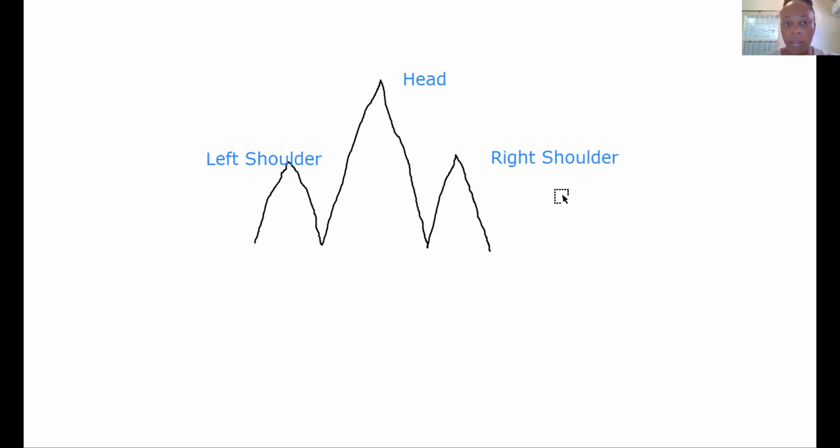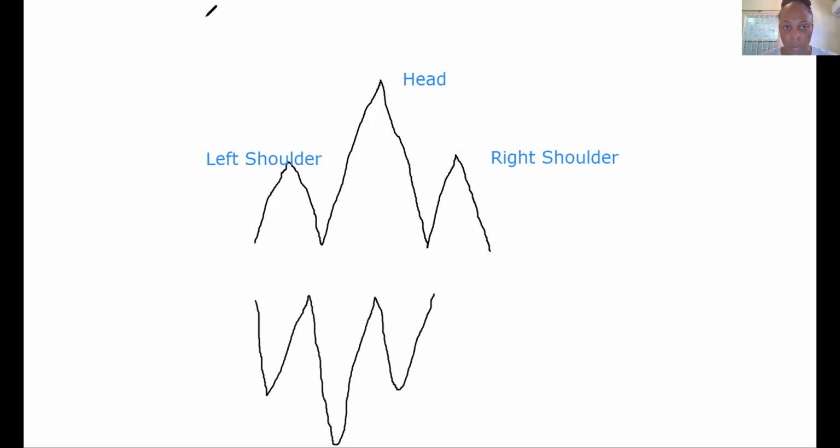So if you have a downtrend and the trend is about to change, more than likely, you will have an inverted head and shoulder forming at the end of a downtrend.